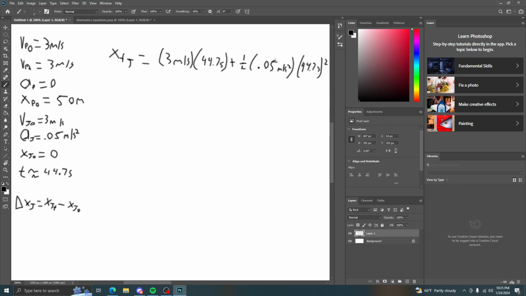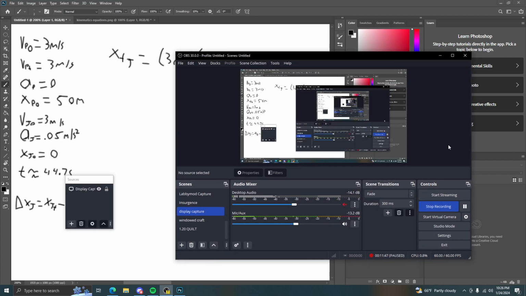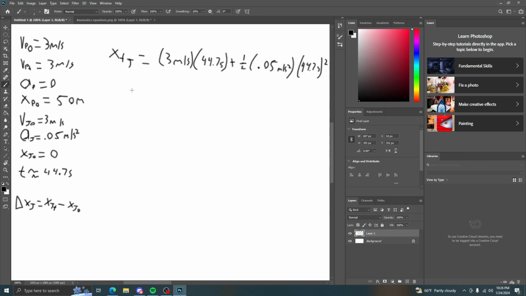So I'll just do it off camera. And that should equal 184.05 meters.